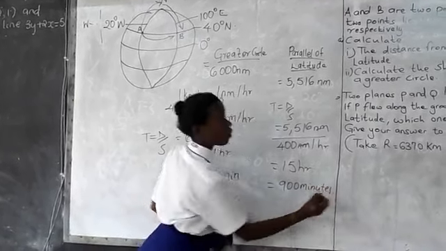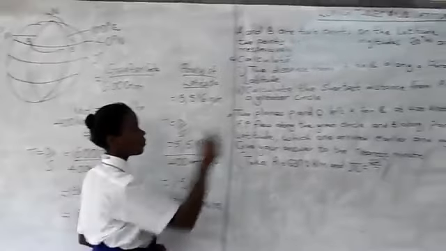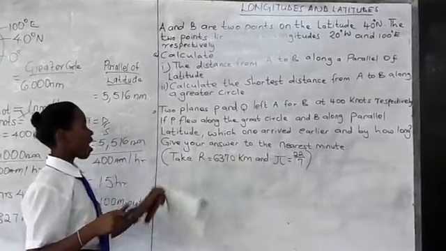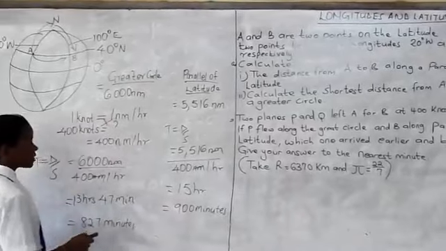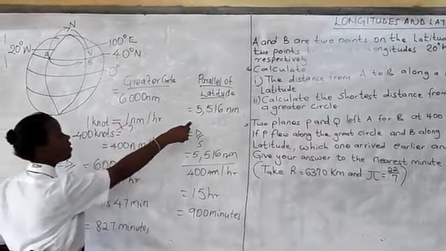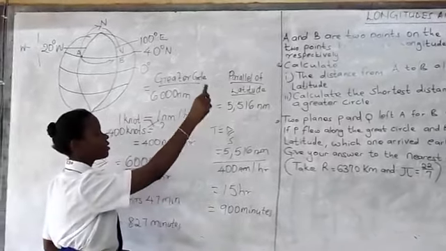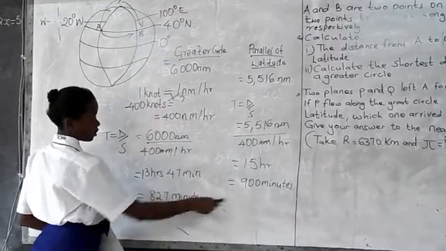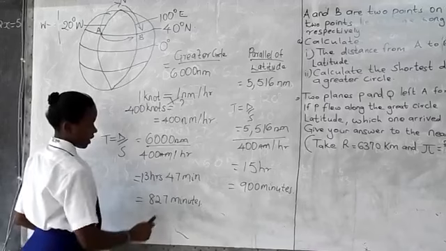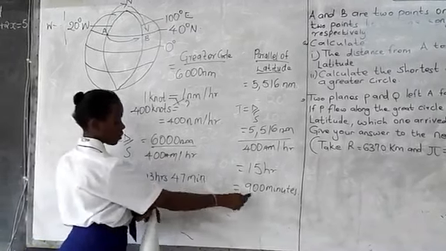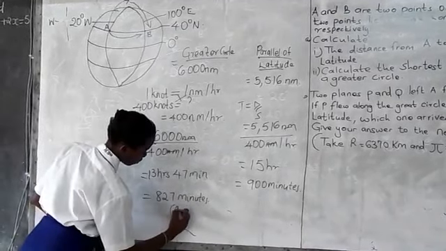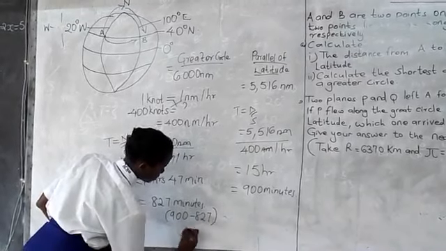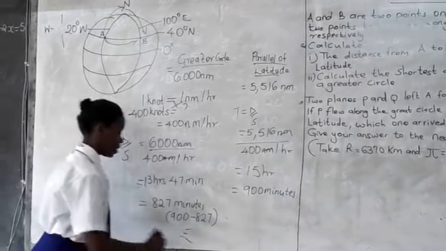Then when you go back to the question, you've been asked which one arrived earlier and by how long. Meaning, you'll get the difference between the one that used the parallel of latitude and the one that used the great circle. It will be 900 minutes. 827 minutes you subtract from 900, you get 73 minutes.